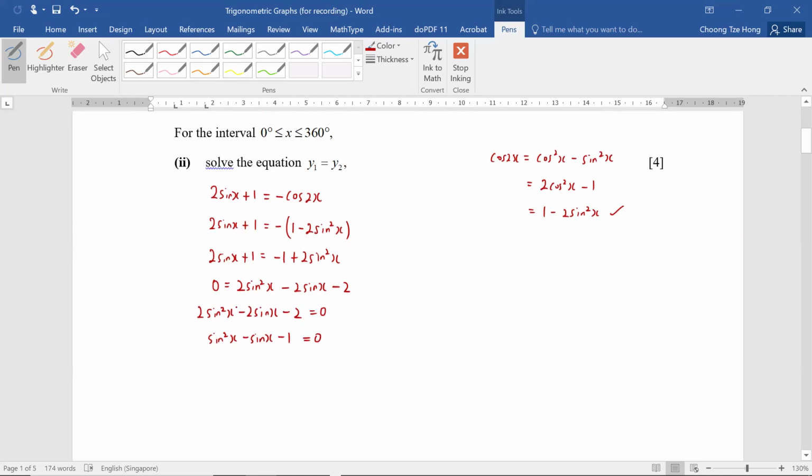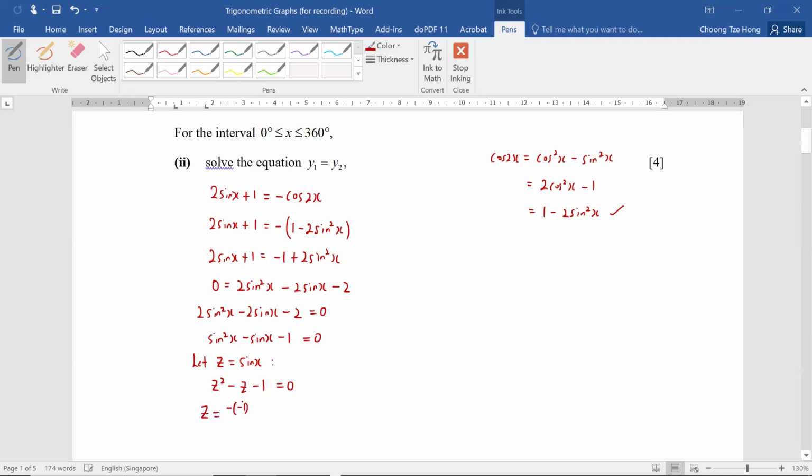Anyway, I'm going to introduce a substitution to make this slightly more familiar to us. Let z equals sine x. So the equation then becomes z squared minus z minus 1 equals 0. You realize that this one cannot be factorized, so we're going to use the quadratic formula.